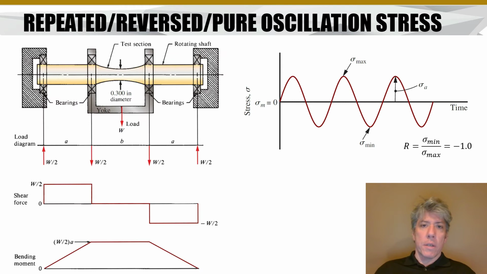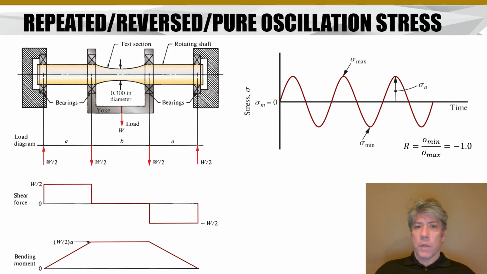Now if we consider what's going on with this device and how it's loaded, what kind of stress is being applied, you'll notice it's a fairly clever design. The idea here is that we only want one type of stress. We only want bending stress. And so if you look at a free body diagram of this device with the load W applied to the yoke, then you'll have W over 2 at each of the 4 bearings as the reaction loads.